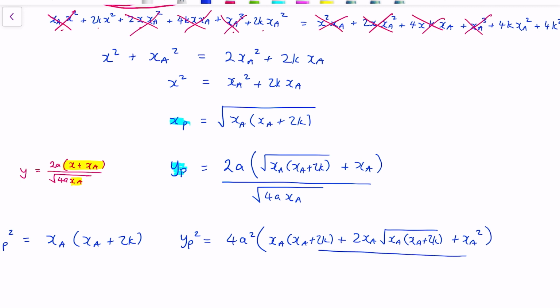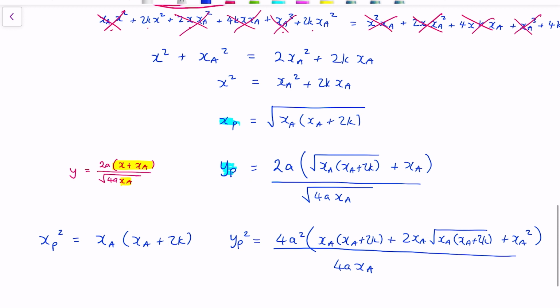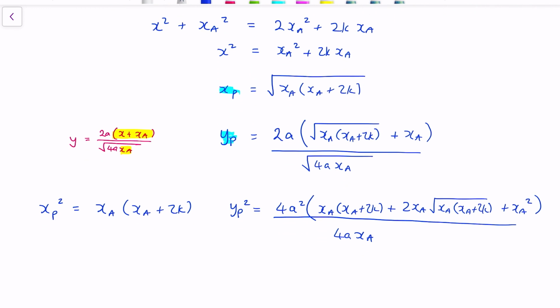All divided by 4a xa. And the variable in this problem, remember, is xa. I need to get rid of that somehow. And how am I going to do that? Really nasty. Okay, I can get rid of the 4a there, and get rid of one of the a's in the 4.